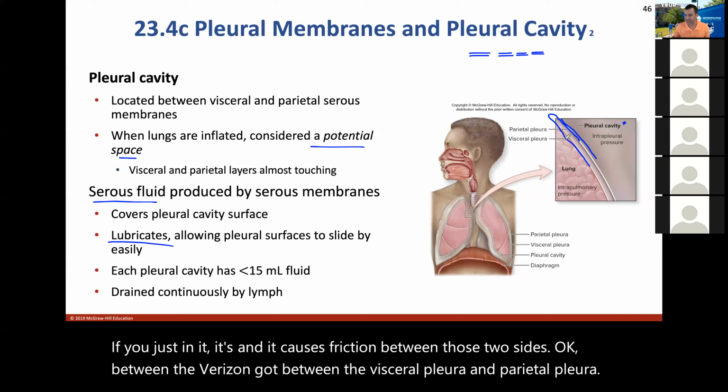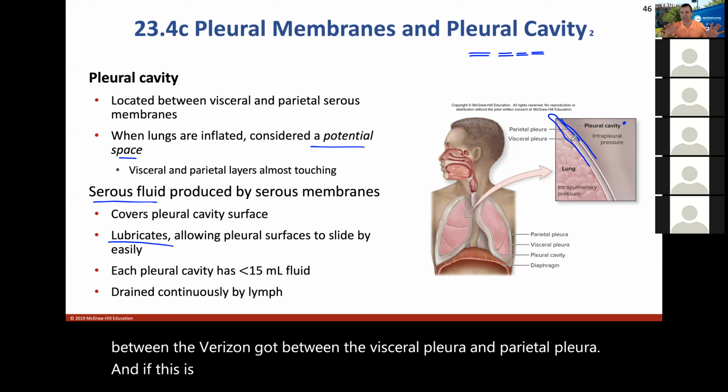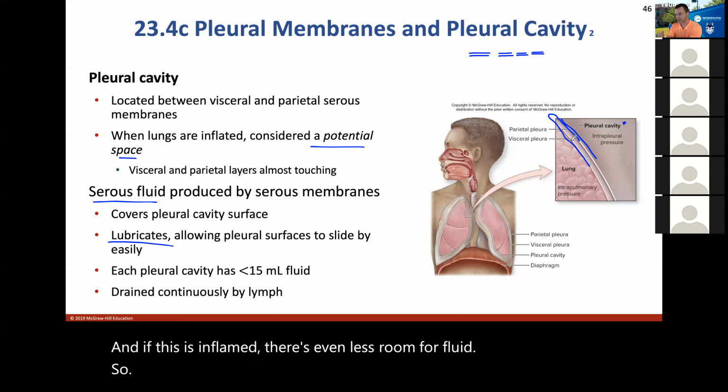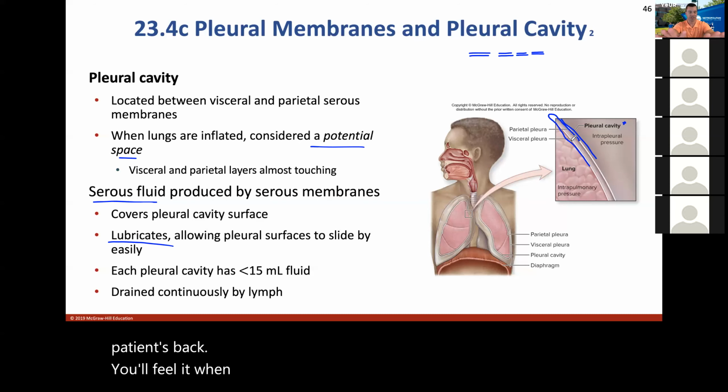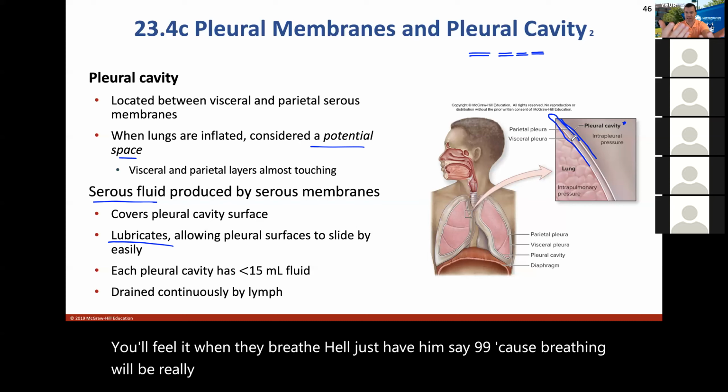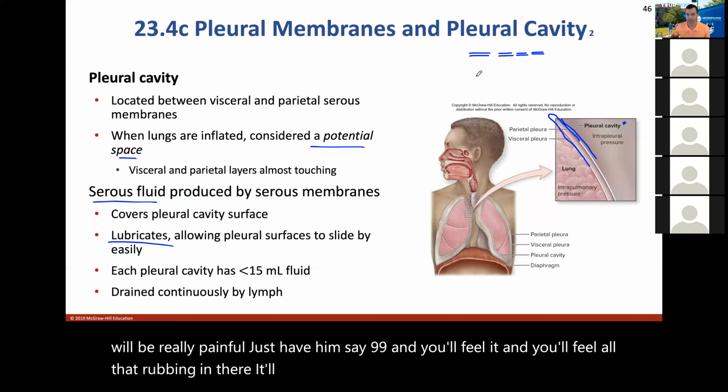And if this is inflamed, there's even less room for fluid. So you'll feel it, like very high grit sandpaper. If you put your hands on the patient's back, you'll feel it when they breathe. Just have them say 99 and you'll feel all that rubbing in there. It'll be really painful for them to breathe.